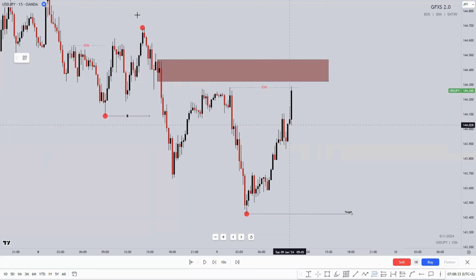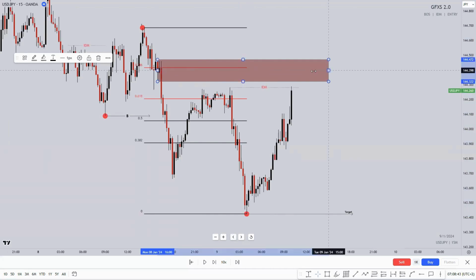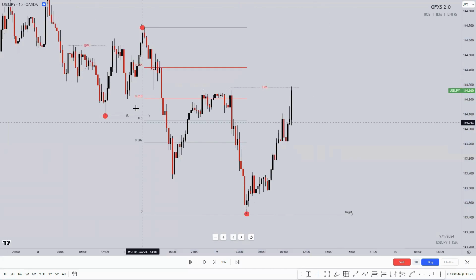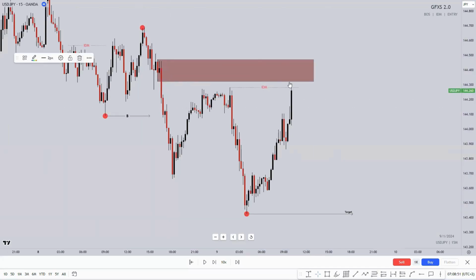To get the golden zone again, you mark from this high to this low, and you see this is within the golden zone, and price does not have to mitigate the order block. With this information, it's easier for you to take the trade because you're not going to be waiting for something which doesn't always happen. Price will not always mitigate your zone, but when it does, it's a good thing. But when it doesn't, you mustn't miss the trade.